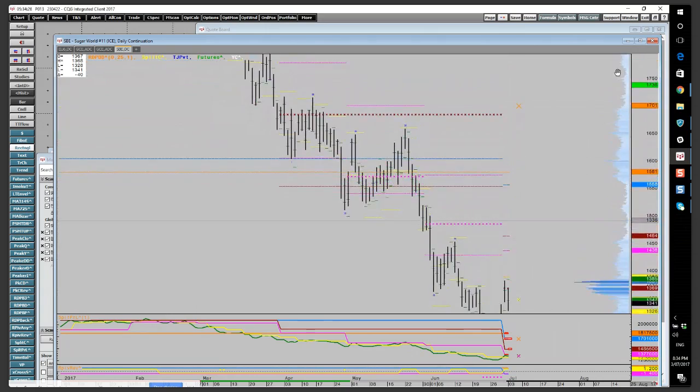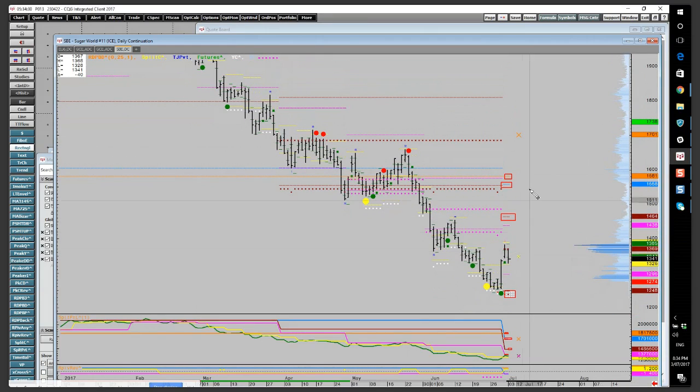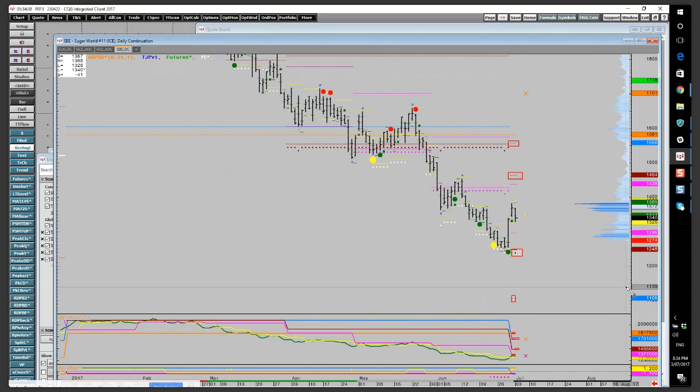That means that sugar is in what's effectively a double slingshot mode up, which is very, very rare and is usually associated with some enormous moves to the upside. So pay close attention to sugar from here on in.